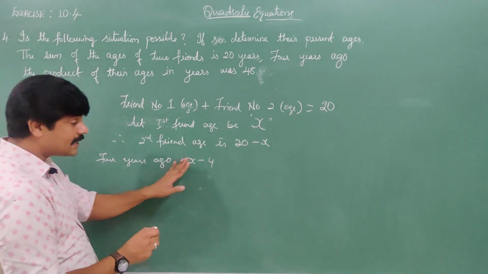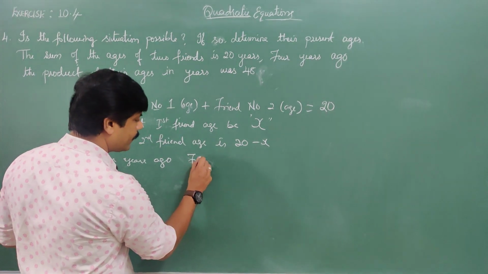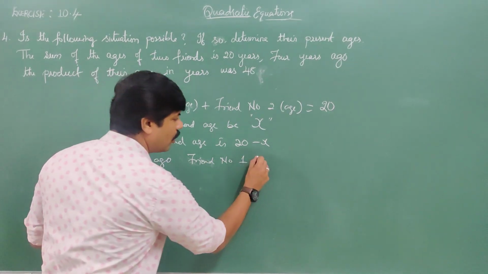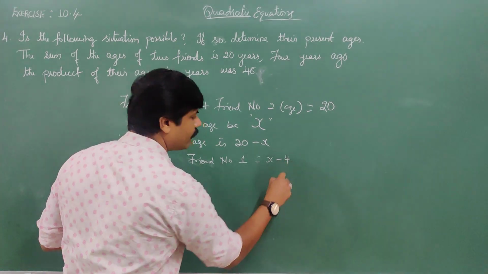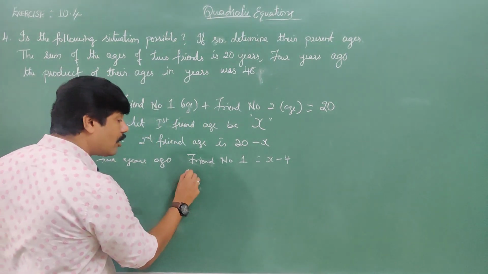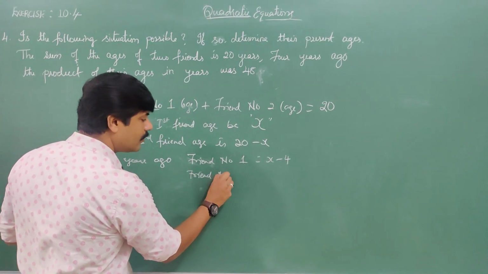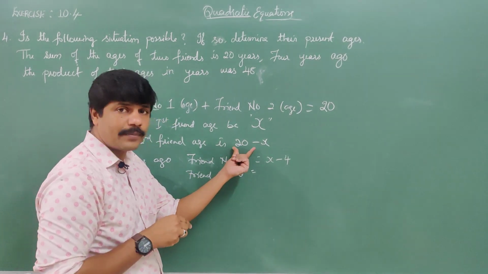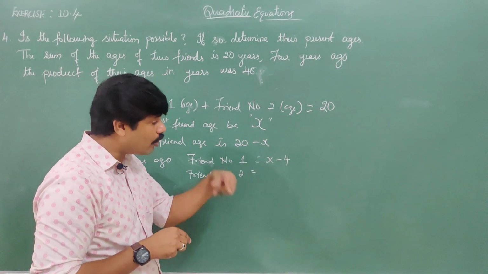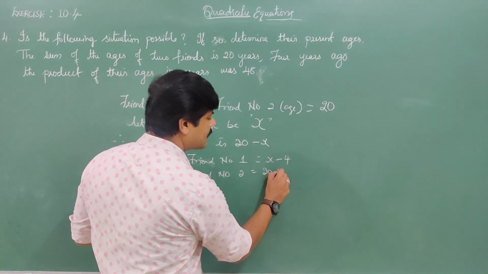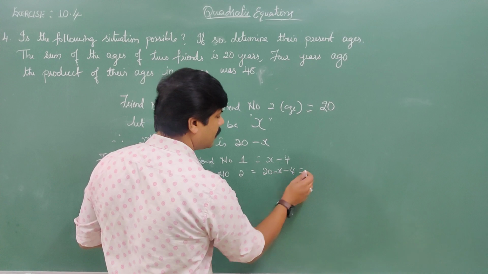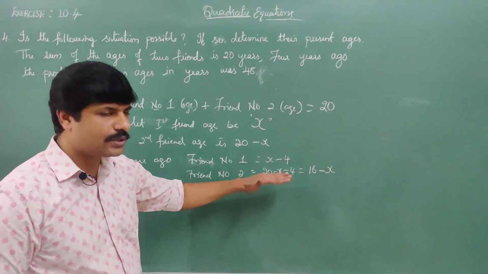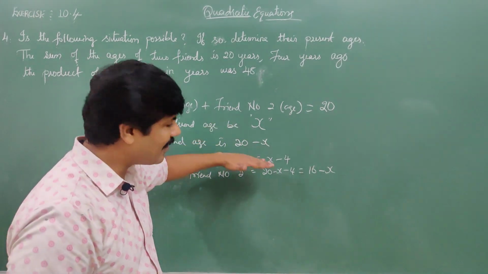Friend number 2's present age is 20 minus x; 4 years ago, 20 minus x minus 4, which is nothing but 16 minus x.